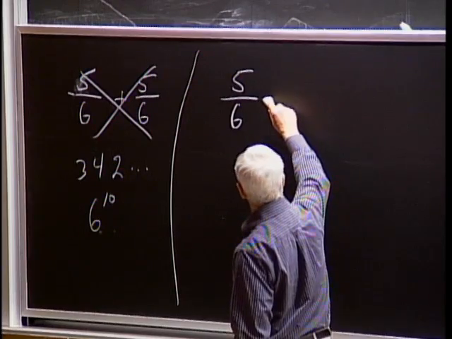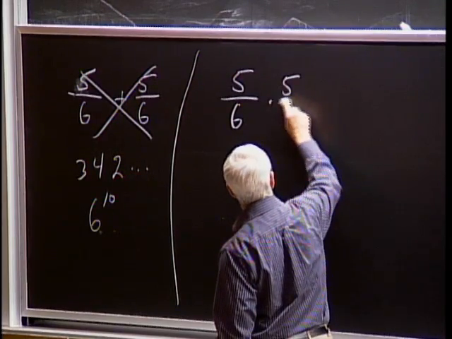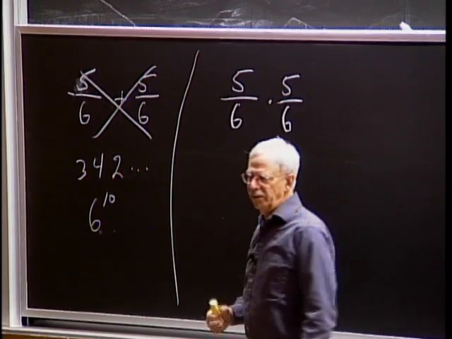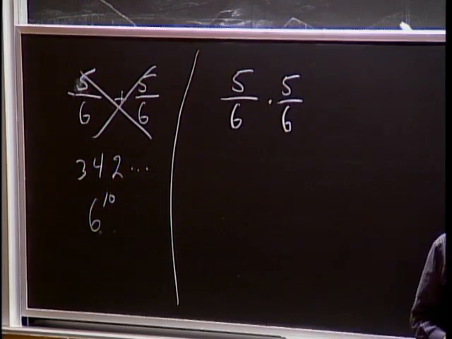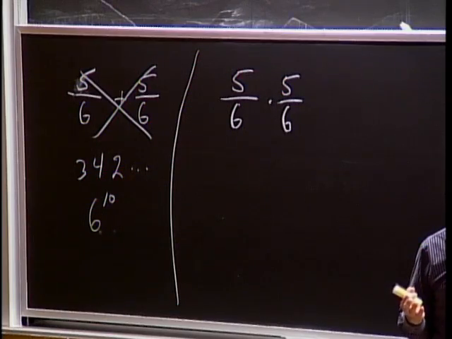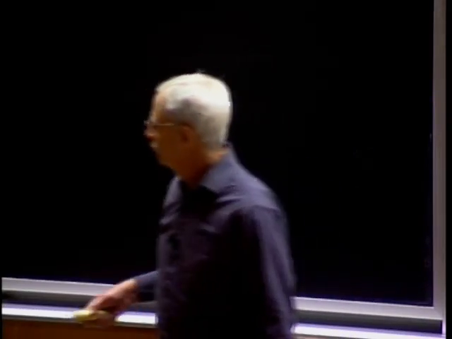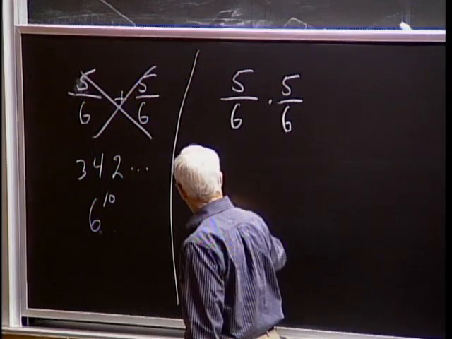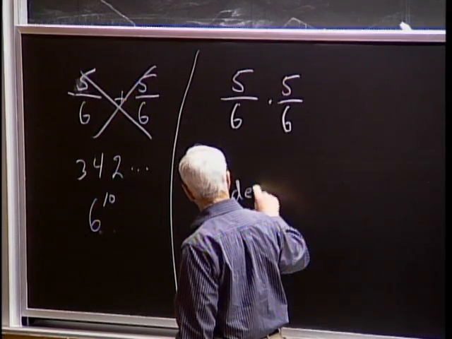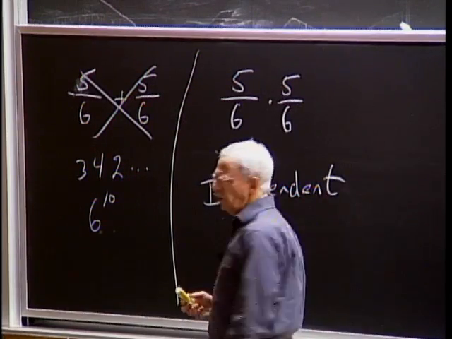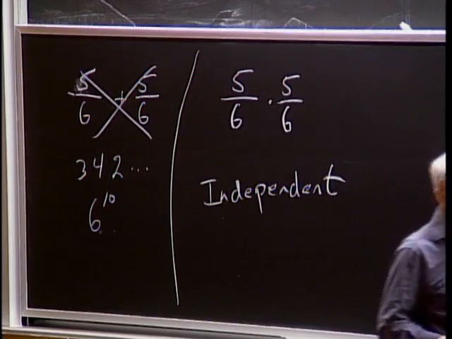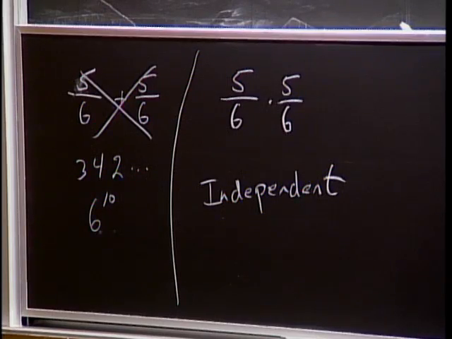It's 5 over 6 times 5 over 6. That makes sense? Because these are independent events. And that's a key notion here. I'm assuming that whether I get a 1 on the second roll is independent of whether I got a 1 in the first roll.